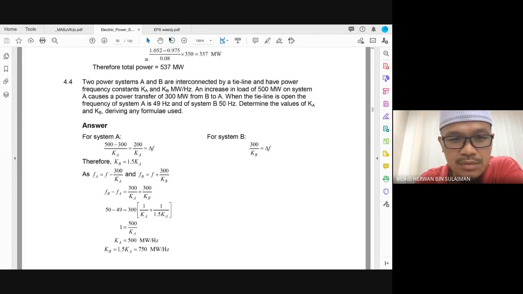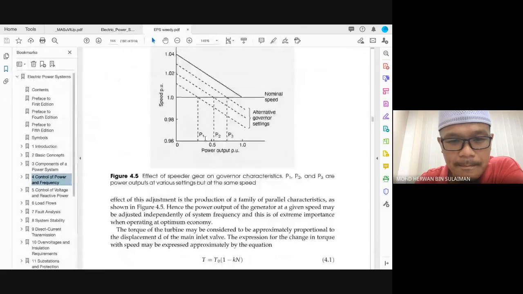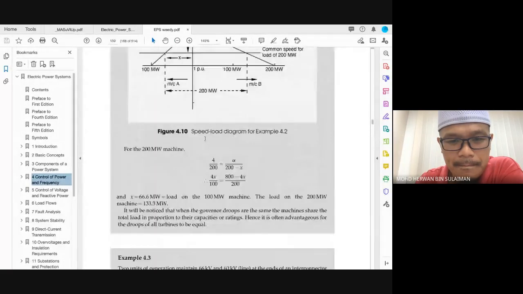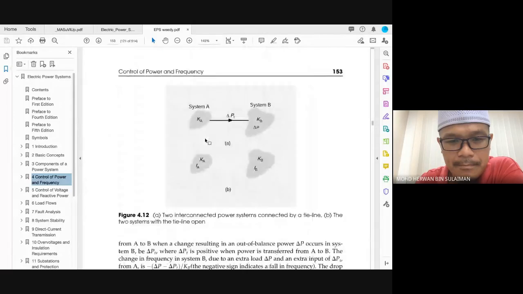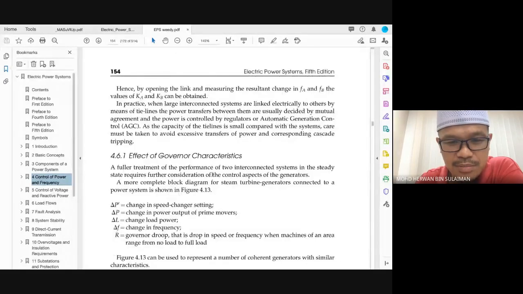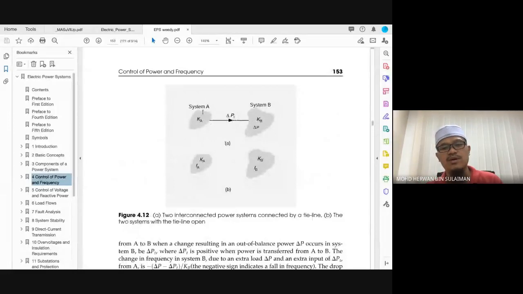I think have I shown this example? Not yet, right? So you have system A and system B.